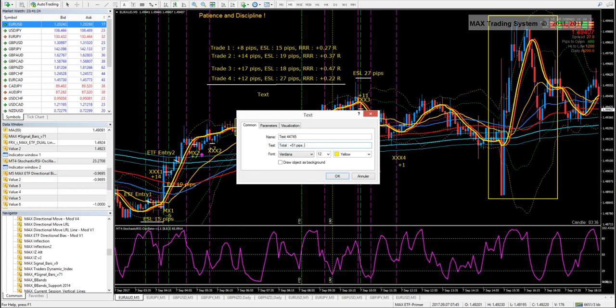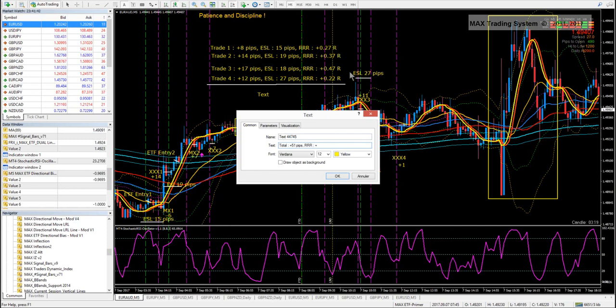But the number of pips is never relevant by itself. What is much more relevant is the reward to risk ratio. And if we use the same risk per trade, for example 1%, a very easy way to obtain the total result of the day is to add the reward to risk ratios.